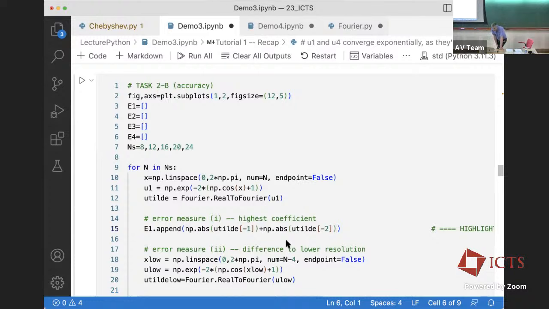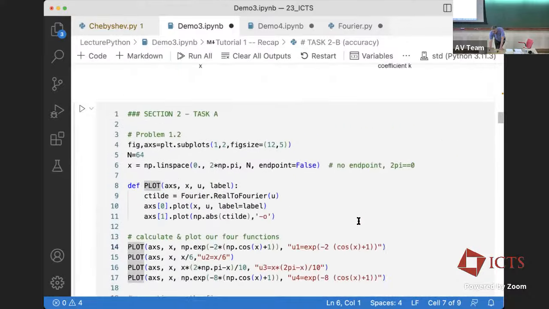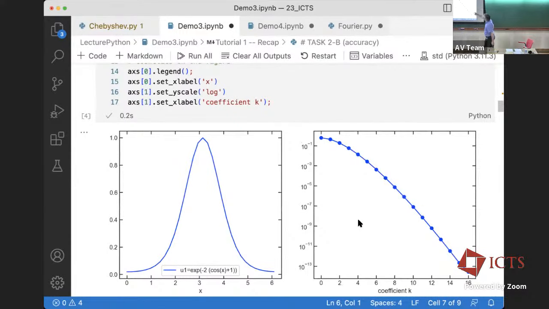So this problem was about various attempts at figuring out how to interpret how accurate a solution might be. The first error measure that I gave you is to take the highest coefficient of the expansion. So if we have an expansion like the one up here, that happily decays exponentially, you take the magnitude of this coefficient here, and because all the other ones are going to be exponentially smaller, that one should give you a fairly good indication of everything else you have disregarded.